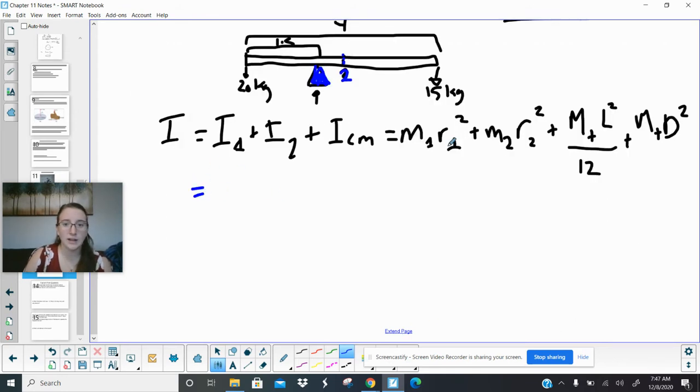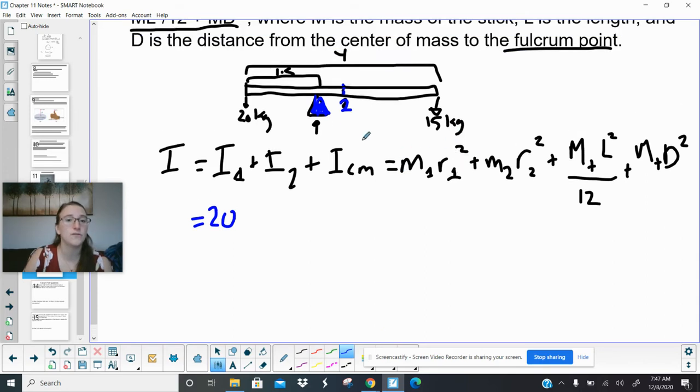Okay, so let's see what we got. The mass of child 1 is 20. Its distance to the fulcrum point is 1.5 you should have used. Again, that R is referring to the distance to the center of rotation. And this is the center of rotation while this is the center of mass. Different things, yes?